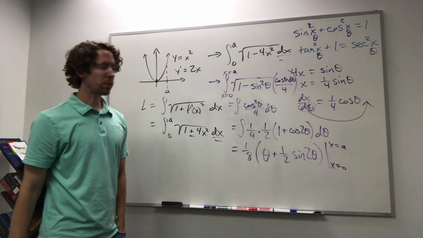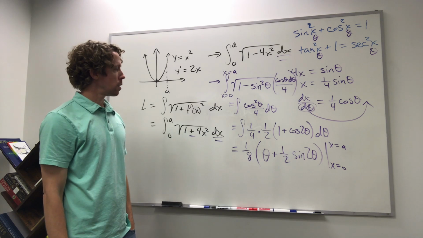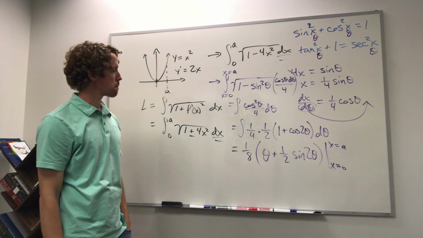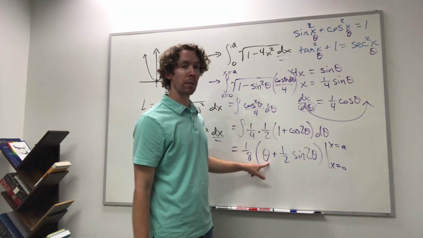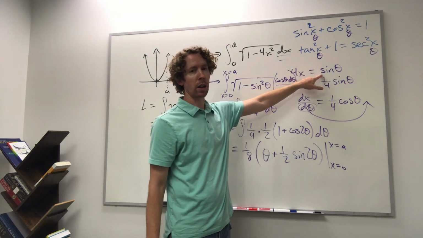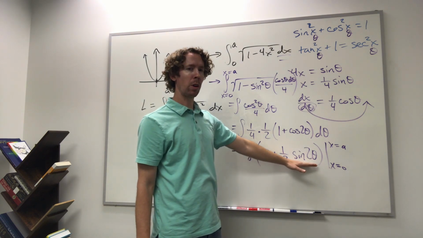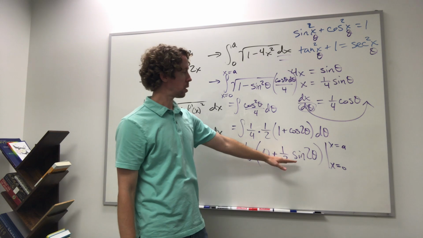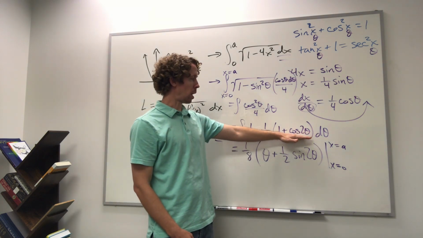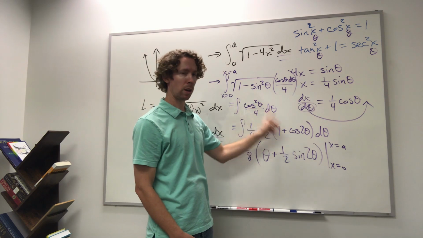And I've got options for how to finish this up. To get theta in terms of x, I can take arc sine on both sides. And then for sine of 2 theta, what I want to do for that is use another trig identity. So the angle sum formula for cosine leads to the equation that we got here.